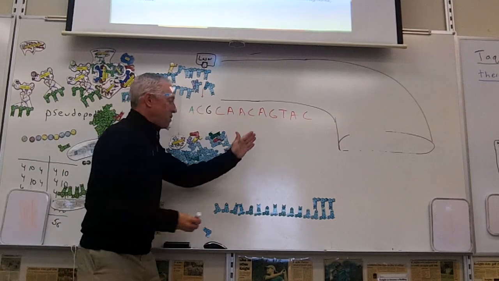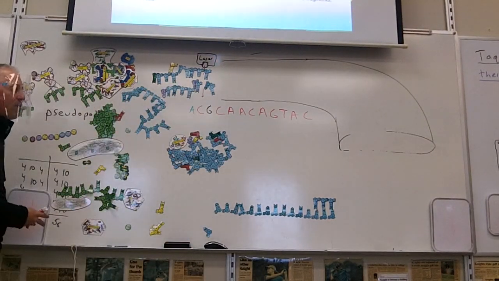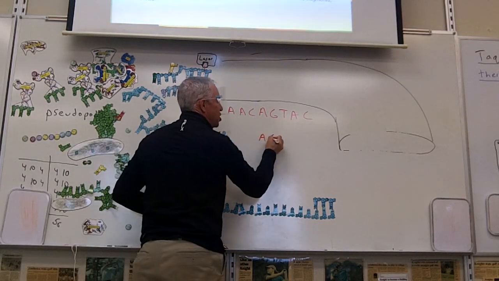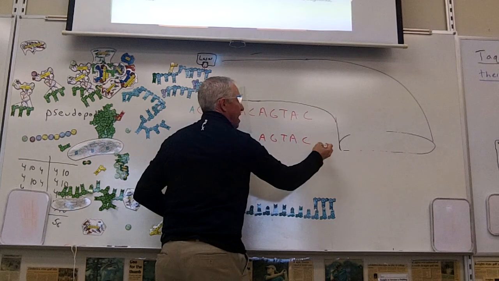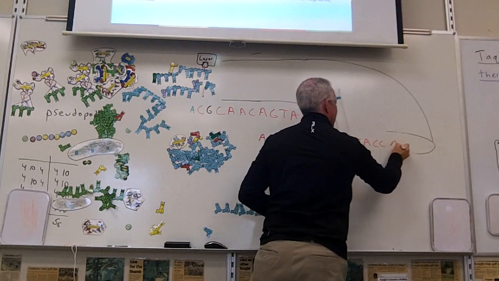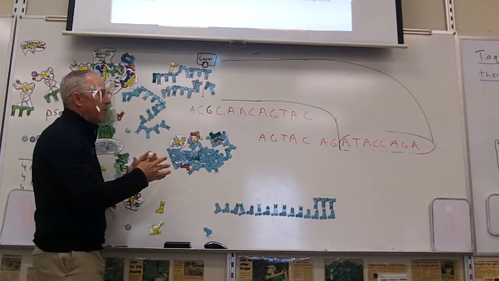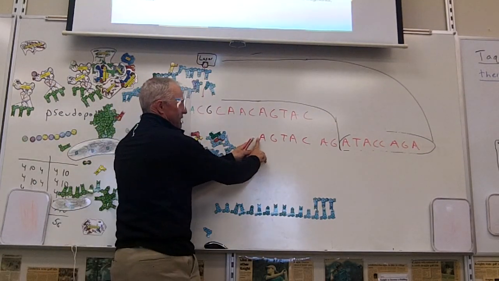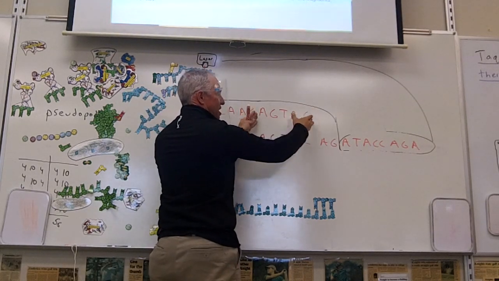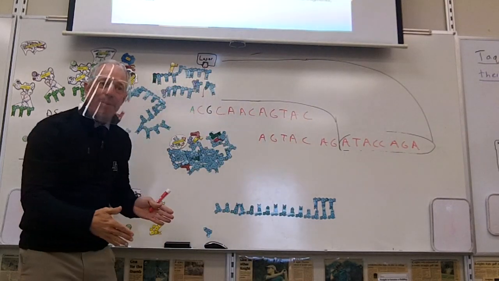And that's the first gene that they cut. They'll have another piece somewhere else that goes AGTAC, AGATACCAGA. And what the computer can figure out is, since this AGTAC matches this AGTAC, this piece and that piece overlap.